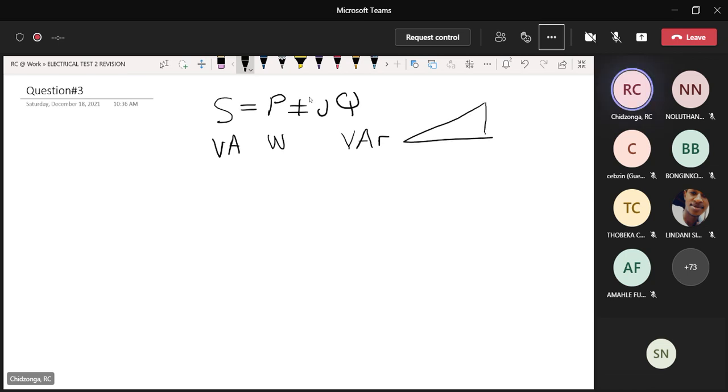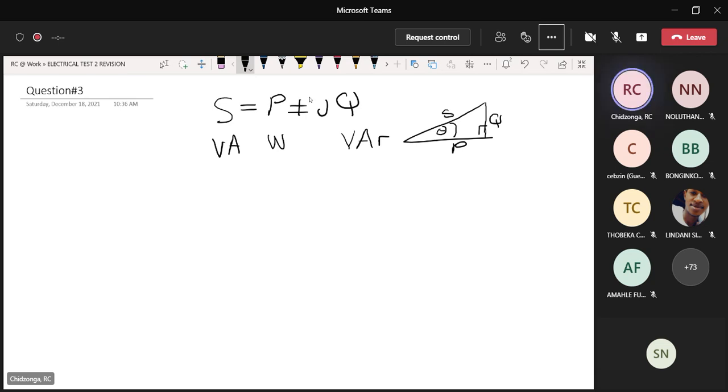We called it the power triangle. This angle here is theta. The bottom side is P, the real power. The opposite side is Q, and the hypotenuse is S. All that you know about Pythagoras as it relates to a right angle triangle is applicable.